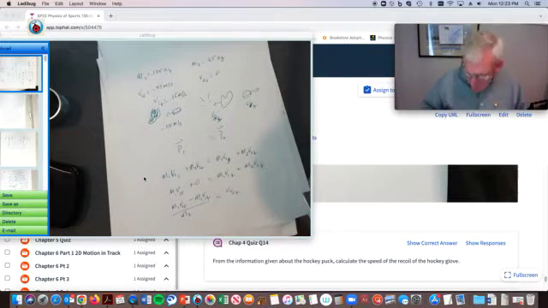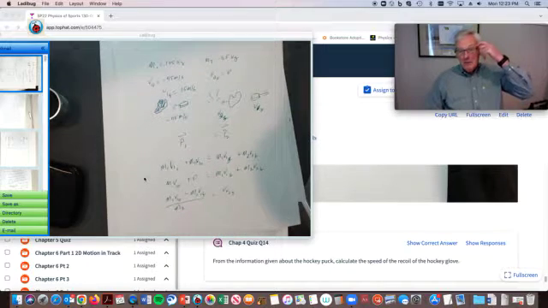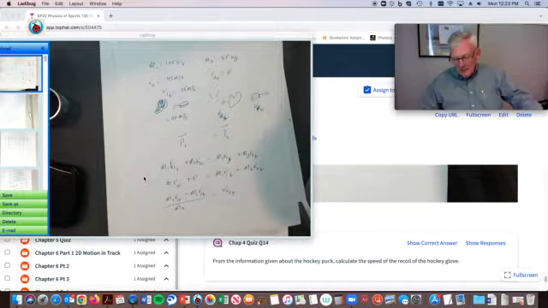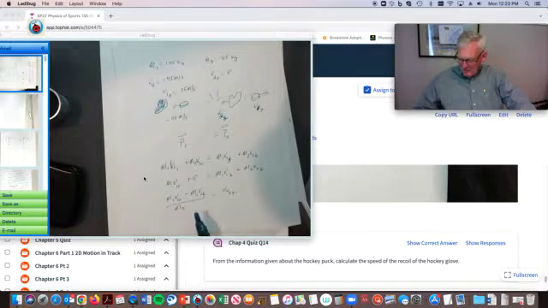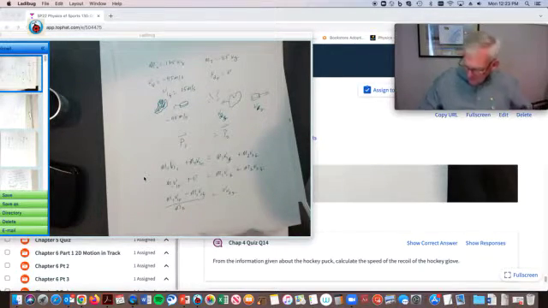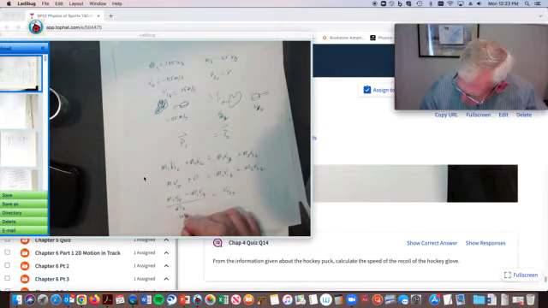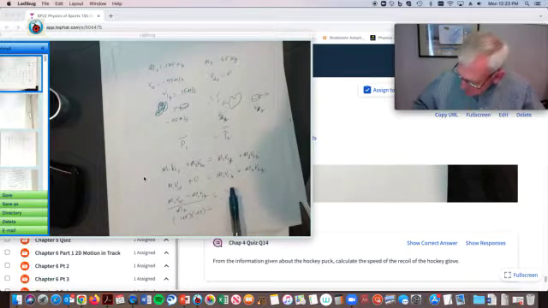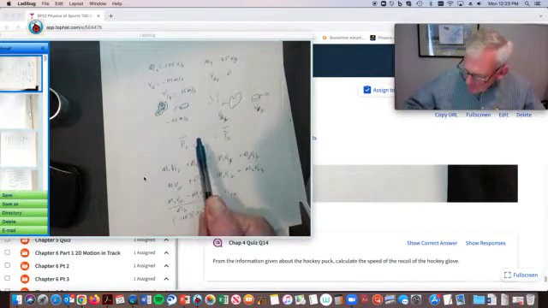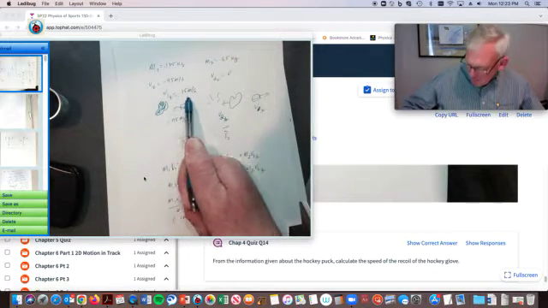Now, I'll be upfront with you. This would have been a problem on maybe even a Physics 240 exam, for engineers. So it was a tricky problem. Now all we've got to do is plug in the numbers: 0.175 times minus 45, minus, now notice the final velocity of the puck was positive 15.